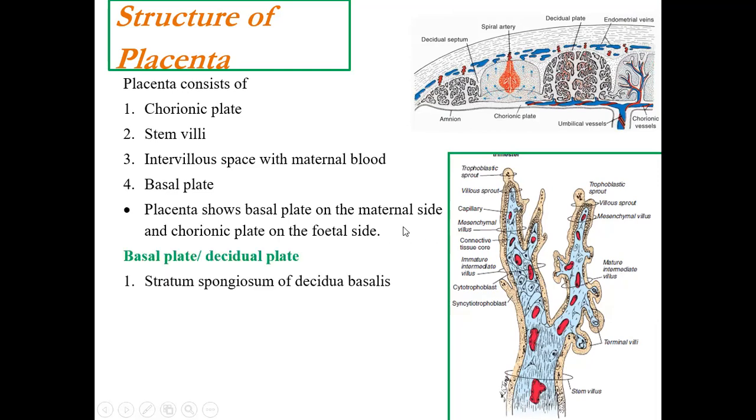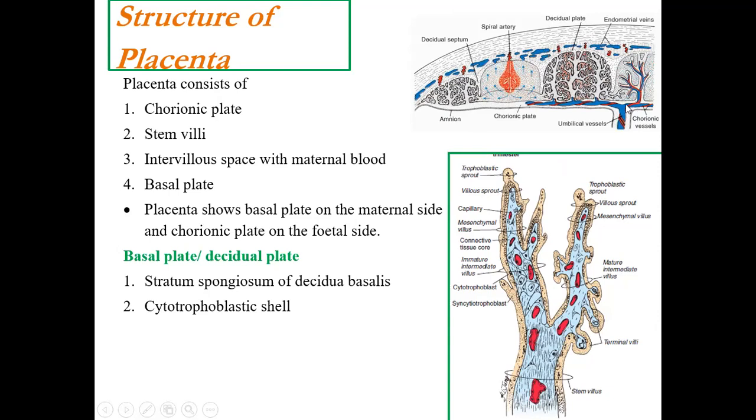Firstly, the basal plate or the decidual plate. The decidual plate is formed by stratum spongiosum of decidua basalis. There are three layers: stratum basale, spongiosum, and compactum. Compactum is where we have implantation going on. So the decidual plate is formed by stratum spongiosum of decidua basalis. Then what else is there? There is the cytotrophoblastic shell.